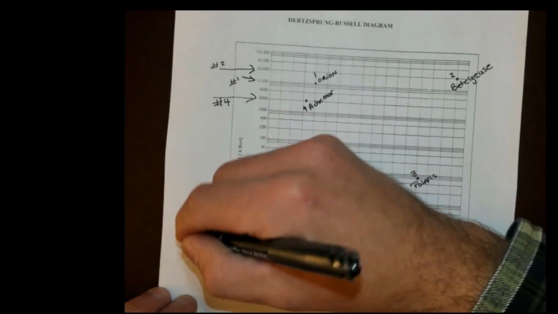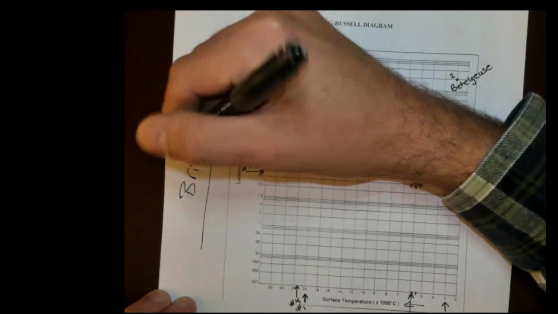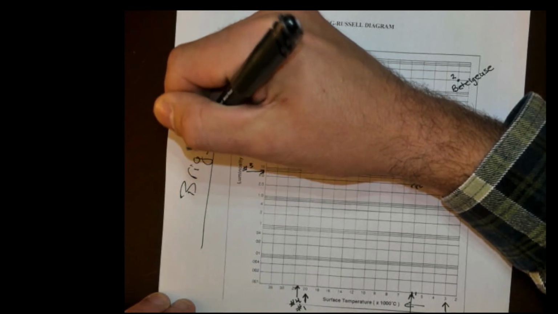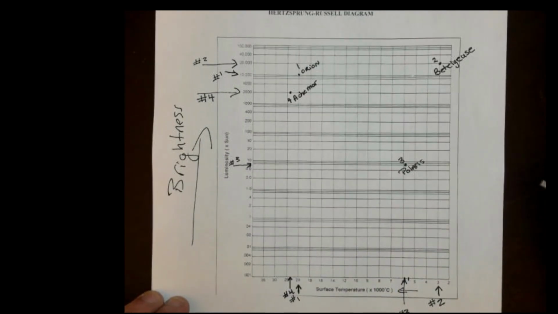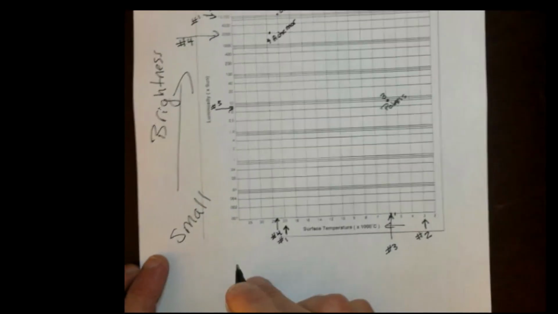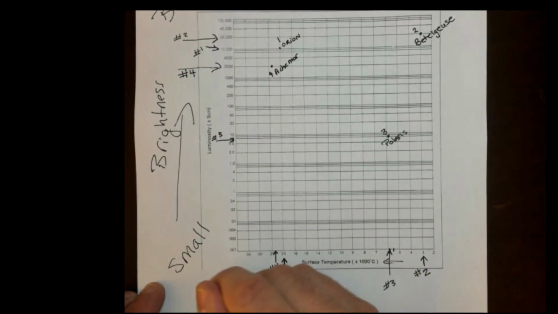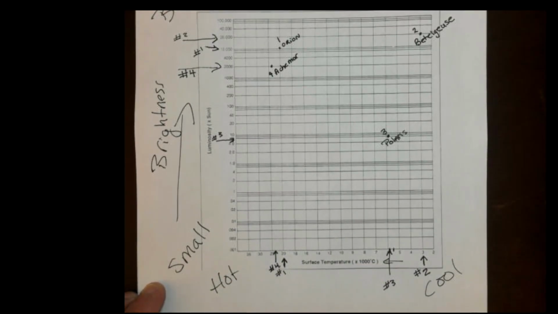Remember, brightness, B-R-I-G-H-T, increases as we go up. Also, star size increases. So these guys are all big up here, and they're small down here. And all the way to the left, we've got super, super hot. And over here, we've got cool stars.